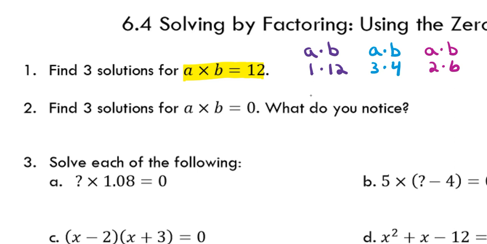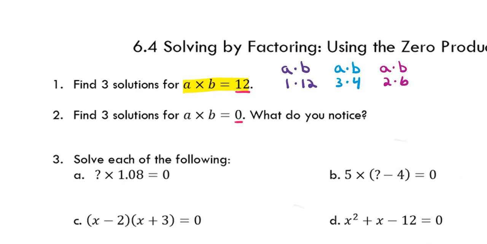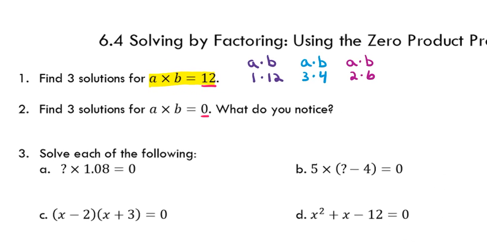Next, let's look at the same equation, but instead of being equal to 12, what happens if a times b is equal to 0? Using the same idea, what if a was 1?